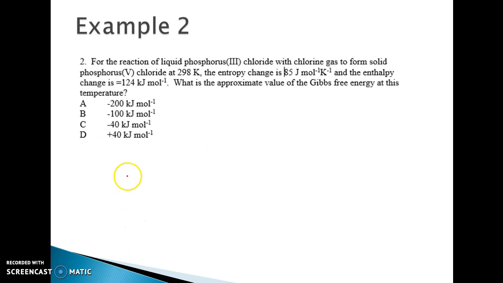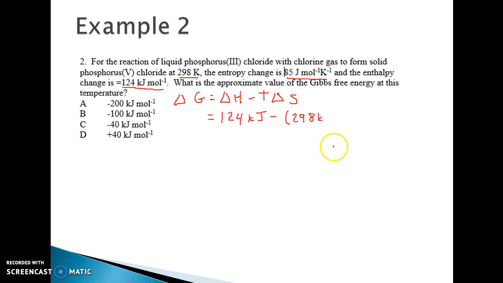All right, now we want to look at one where we actually have to do the calculation. So in this question, we're given a delta H, we're given a delta S, and we're given a temperature. So here's the temperature, here's the delta S, and here's the delta H. So when we put that in, the delta H is 124 kilojoules, the temperature is 298 Kelvin, and be careful, if we need our answer in kilojoules, then our entropy needs to be in kilojoules as well.